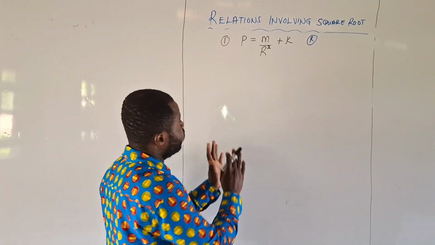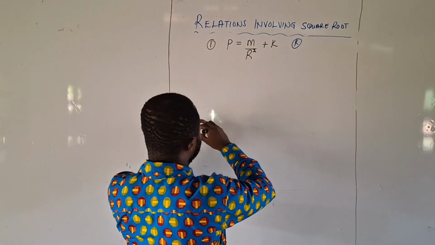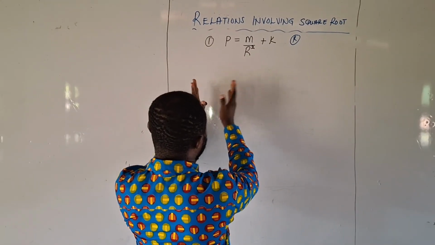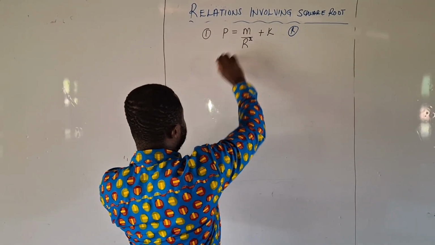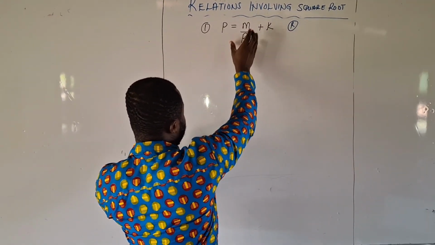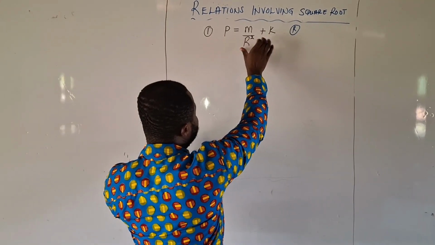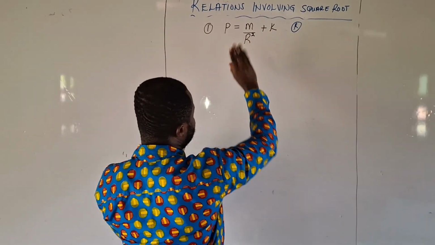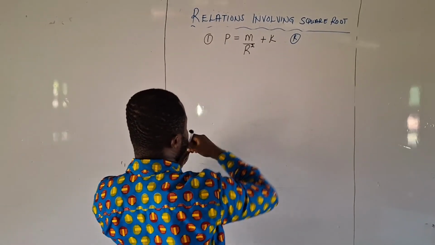So in this one, you multiply through. We have three different elements here. Why am I saying that? The P is standing alone, the equal sign is there. Now M over R squared is also here. Because of this addition sign, it has separated these two. So you multiply all three by the LCM.